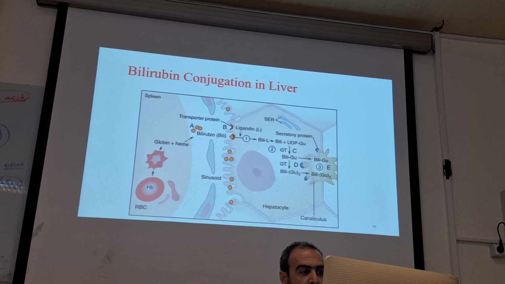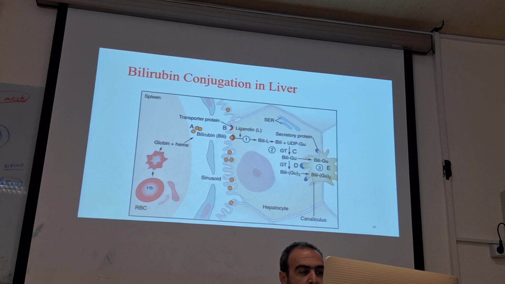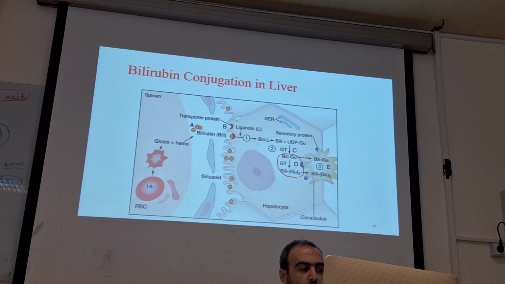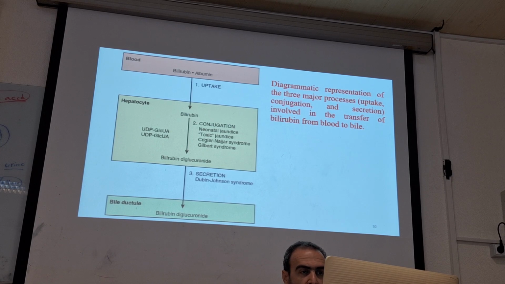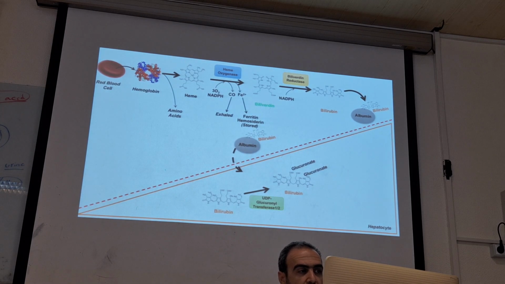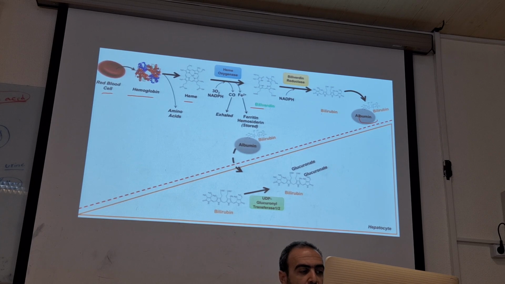Here the conjugated bilirubin receives 2 molecules of glucuronic acid. We have some diseases, I will talk about them in the next slide. You can see red blood cell, hemoglobin, heme, biliverdin, bilirubin sent by albumin to the liver.